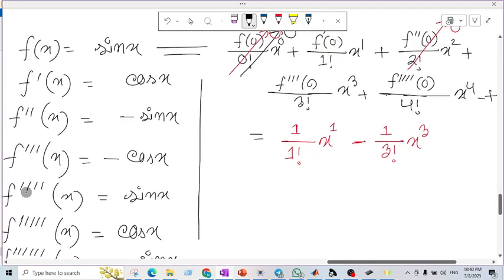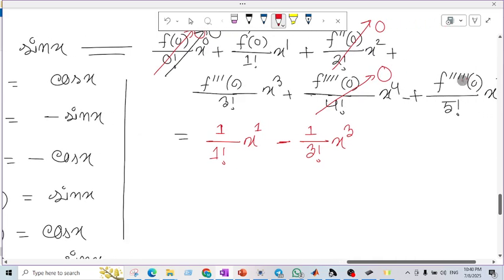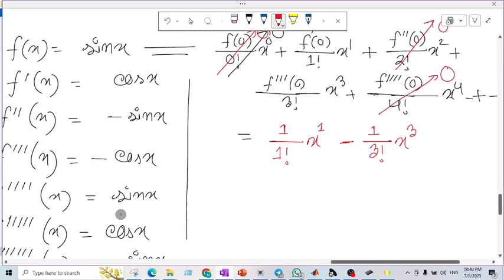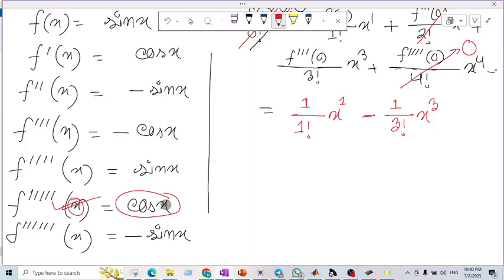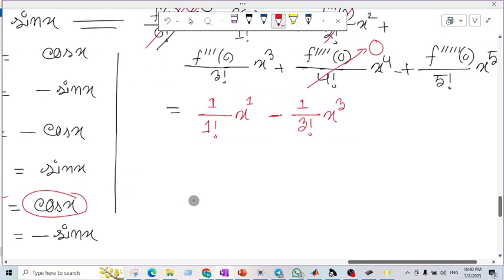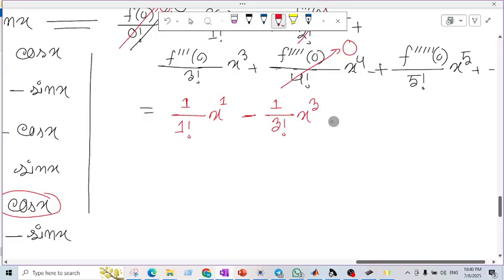What is f4 prime? It is also equal to 0. Now let's take 5 prime. f5 prime is equal to cos x. If you take x equal to 0, cos 0 degree means 1, so this will be equal to 1.